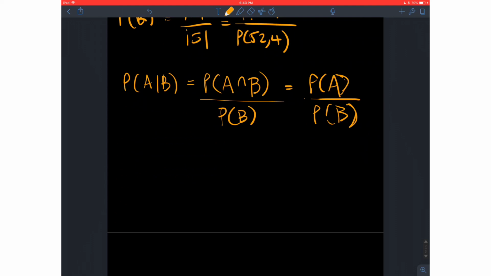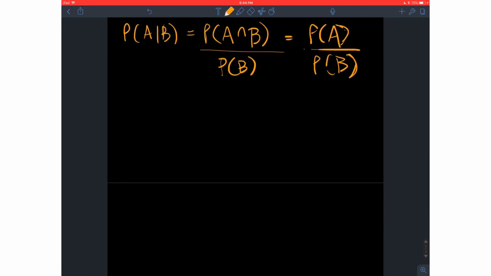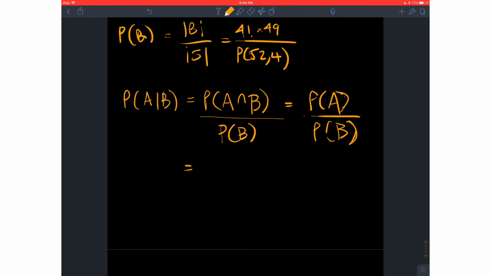Since A is contained in B, every element in A is in B, but not all elements in B are in A. And so when you take the intersection of the two, you shrink B down to only those elements which are in A, which is A itself. Okay, so hopefully that was a good enough explanation for that.